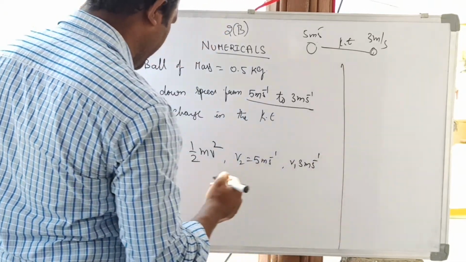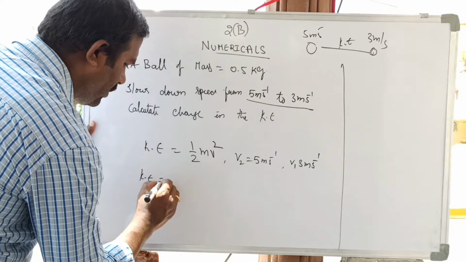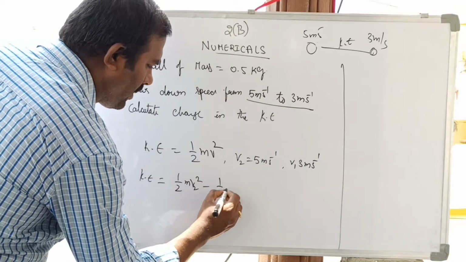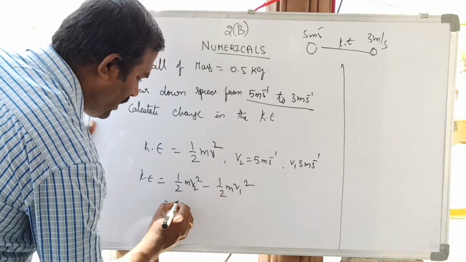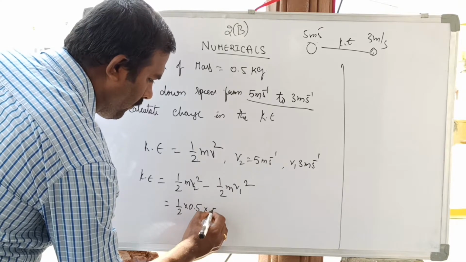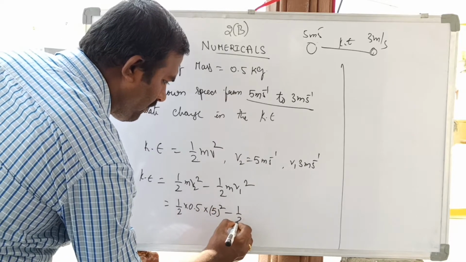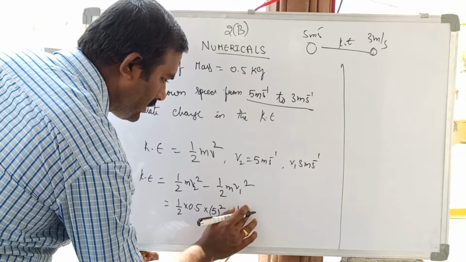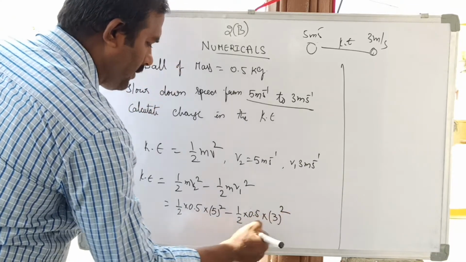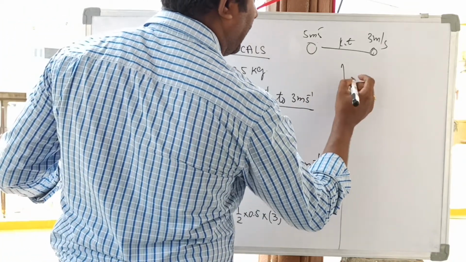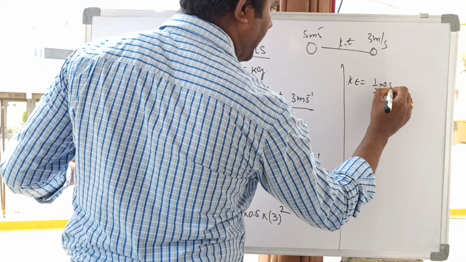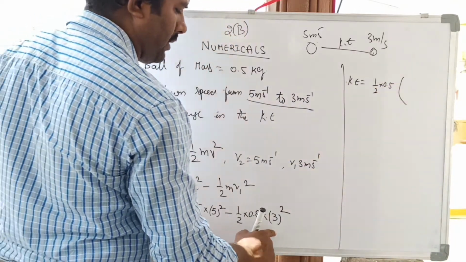Otherwise, directly also we can do it. So the change in the kinetic energy is half mv2 square minus half mv1 square. We know that it is half into 0.5 into 5 whole square minus half into 0.5 into 3 whole square. You can take the common part: half into 0.5 times 5 square minus 3 square.